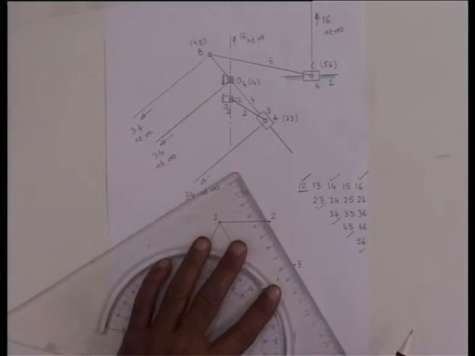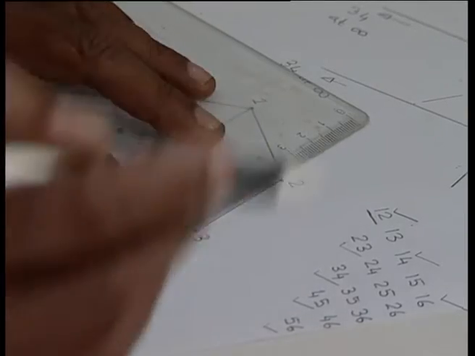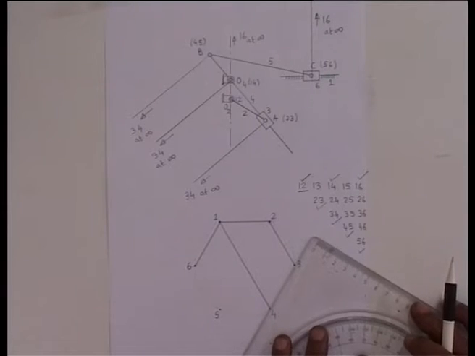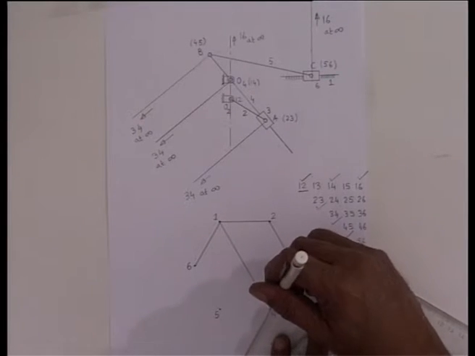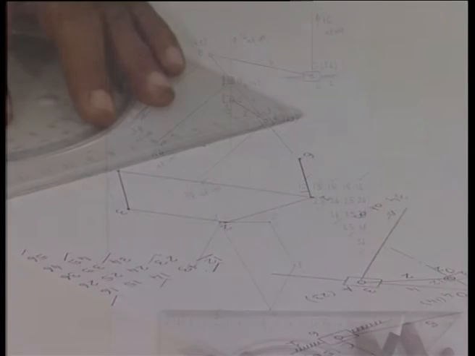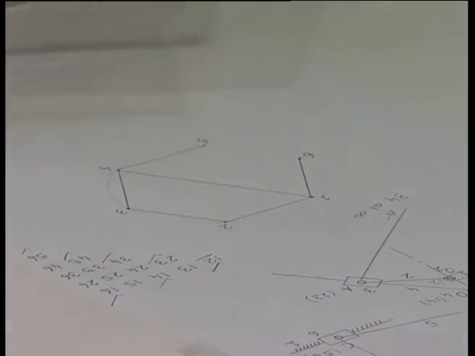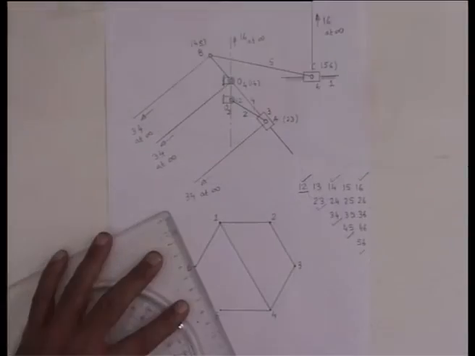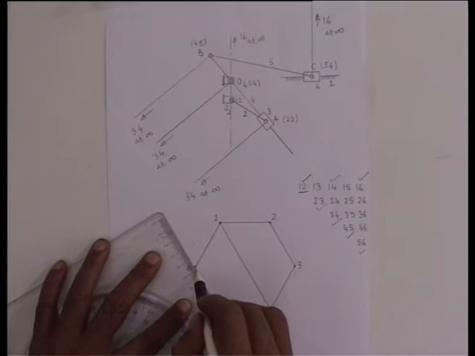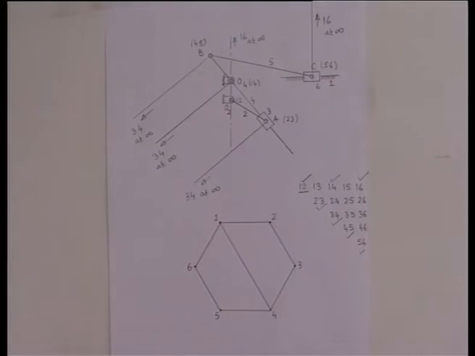So, I join 2 3, 3 4. So, I join 3 4, 4 5, and 5 6. So, corresponding to the 7 relative ICs which have already been obtained by mere inspection of the kinematic pairs, I join these 7 lines.